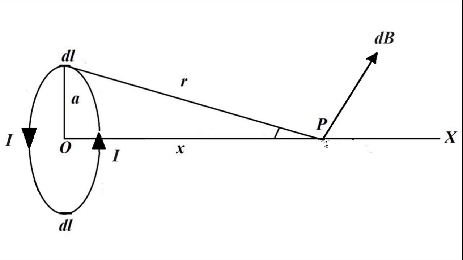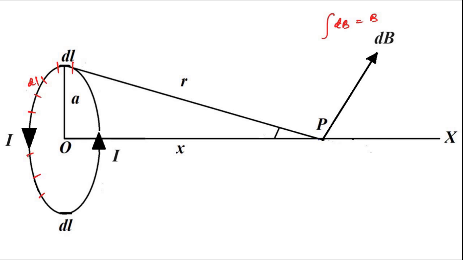Again we have to divide this whole circular coil into small current elements, and for each element we will determine a small amount of magnetic flux density, and then we'll integrate it to get the total magnetic flux.